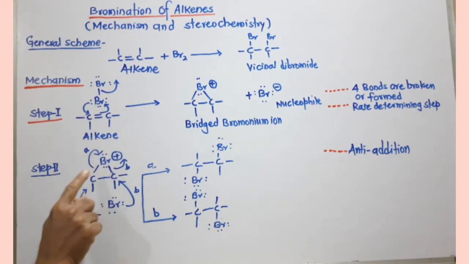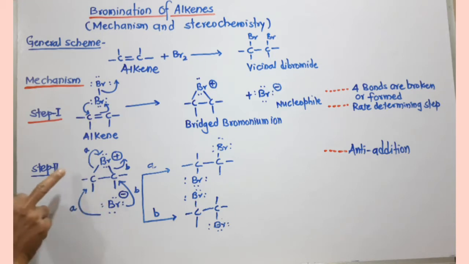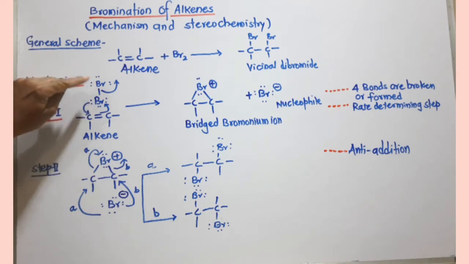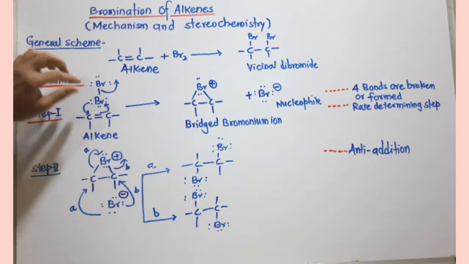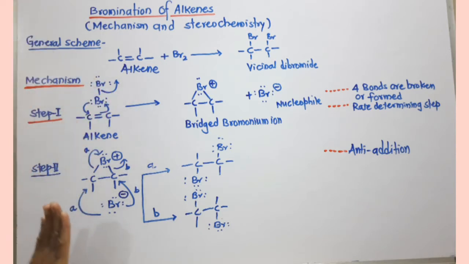If Br is attached from the upper side, so this Br negative, I forgot to mention the negative charge here. This nucleophile is attacking from the lower side, or we can say opposite to this Br. So one more point I want to add here. This Br, I have shown here adding from the upper side. It may add from the lower side.